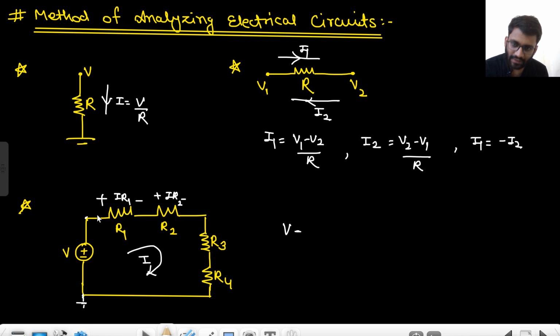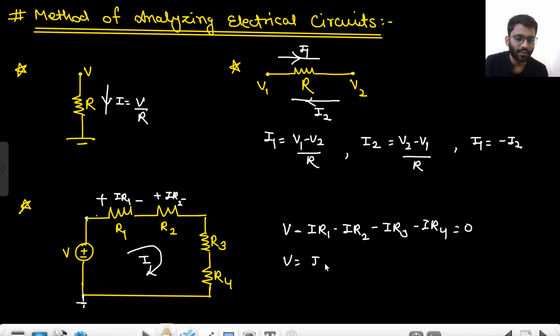So plus V minus IR1 minus IR2 minus IR3 minus IR4 equals 0. So V is equal to IR1 plus IR2 plus IR3 plus IR4.